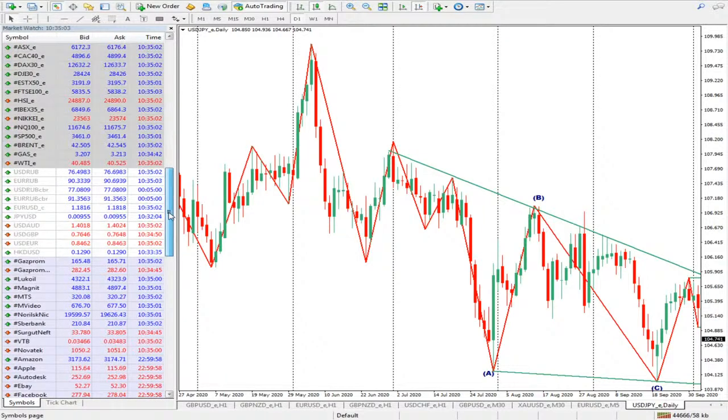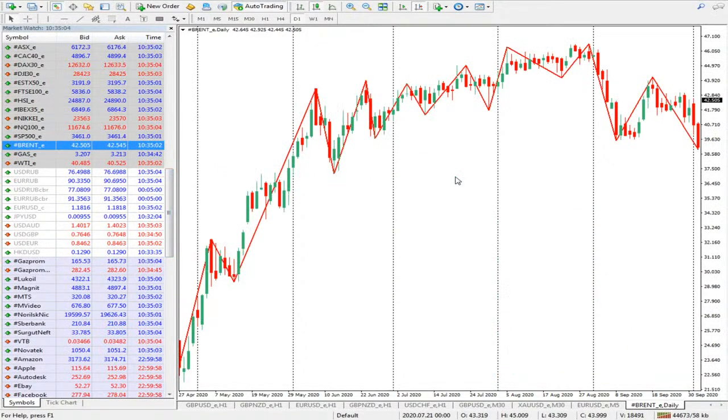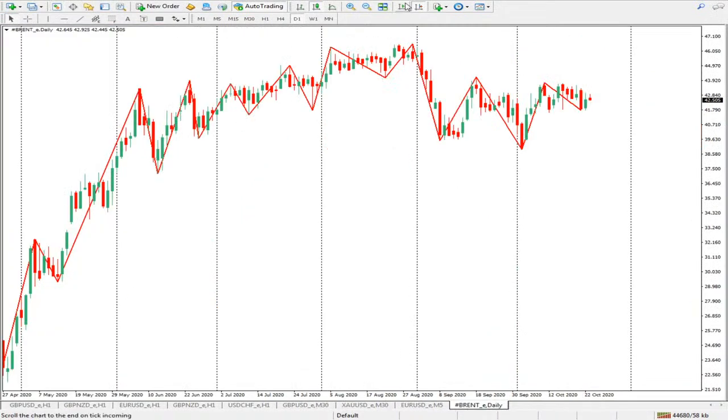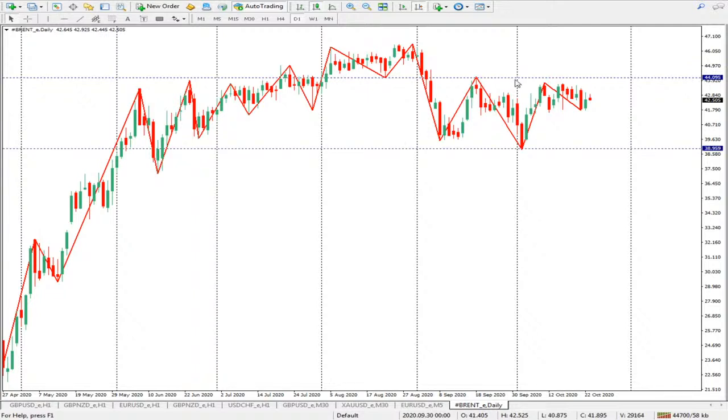We'll look at Brent oil. So Brent oil, so far we have a resistance level at this point here, and we have a support here. We expect price to come back up to this level so that we look for a sell position up to 38.958.